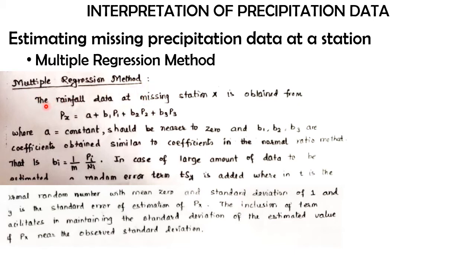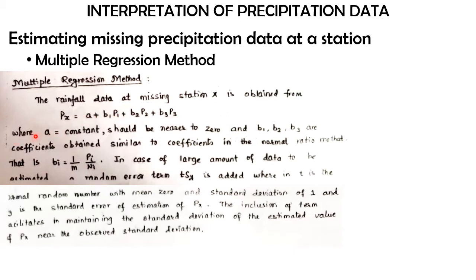So here, let us again go ahead with the theoretical part. Multiple regression method. The rainfall data at missing station X is obtained from Px equals A plus B1 into P1, plus B2 into P2, plus B3 into P3 and so on, till Bm into Pm. So till that, this particular equation is going to go ahead.